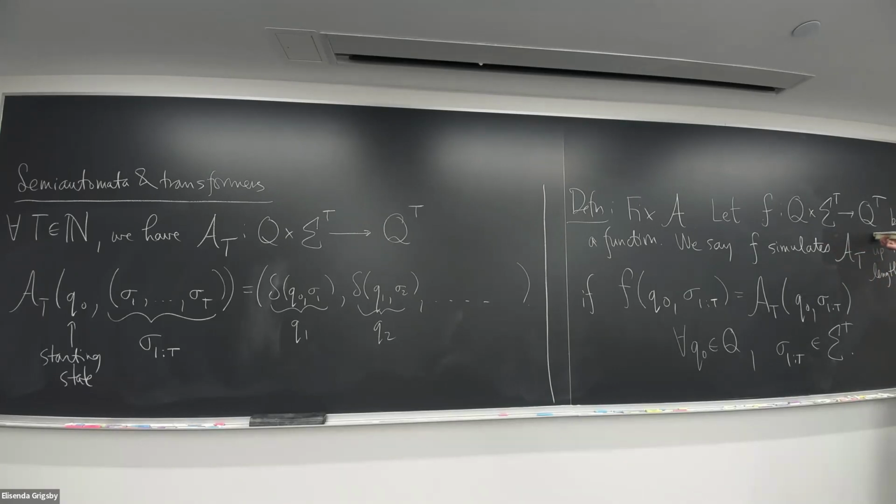And so we want the function to do it for all such tuples. So even if the function doesn't come from an automaton structure, we might want it to agree with the automaton, but it itself doesn't necessarily have to come from that.